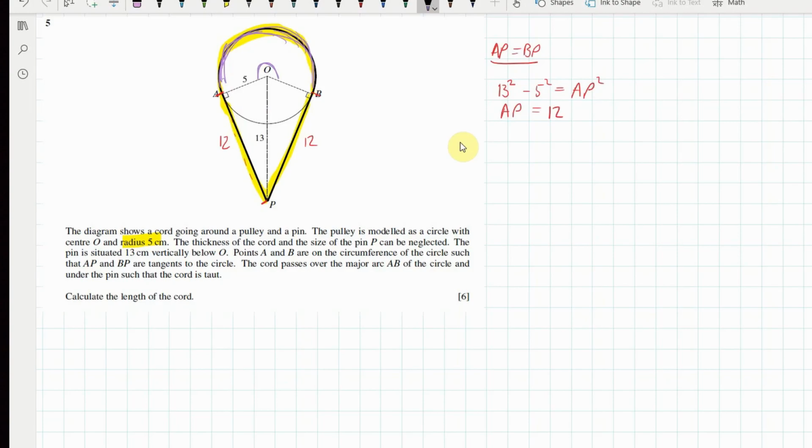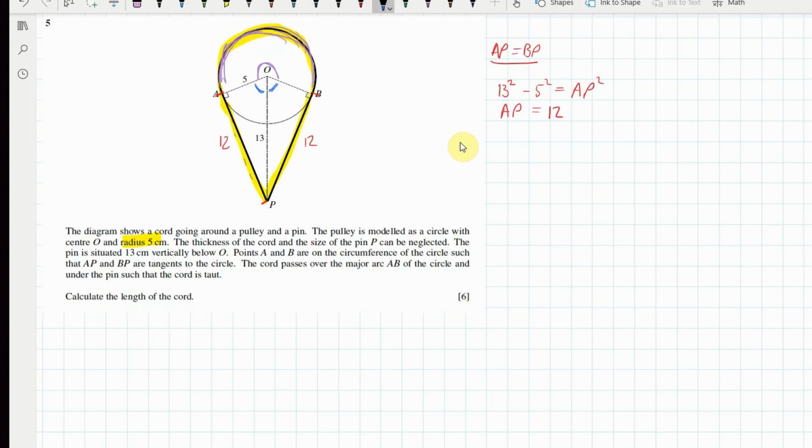Okay, well, how are we going to find that? Well, given that we've got these right-angled triangles here, we could perhaps find this angle using the right-angled triangle, double it, to get this bit here, and then subtract from 2 pi, because 2 pi is the whole circle.